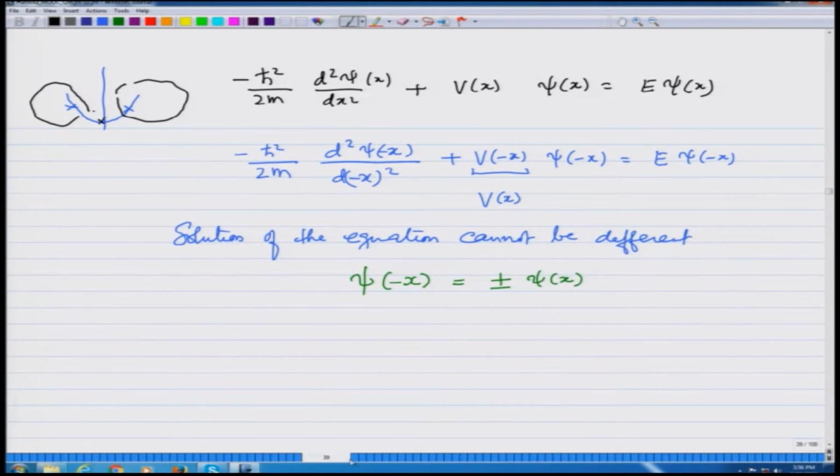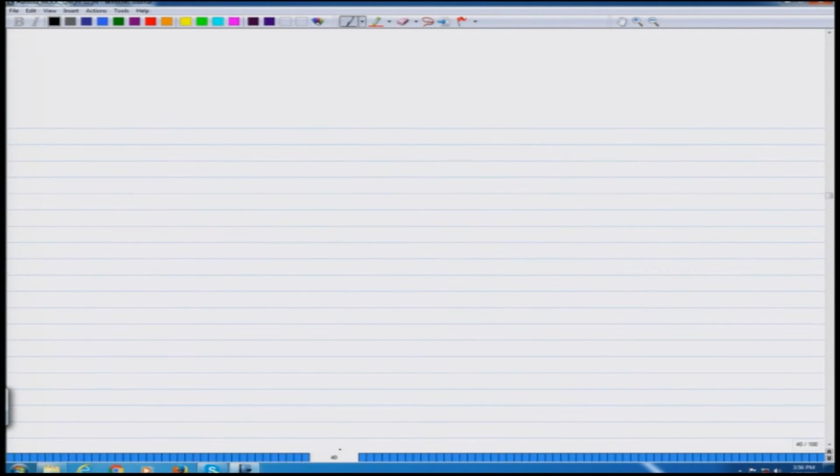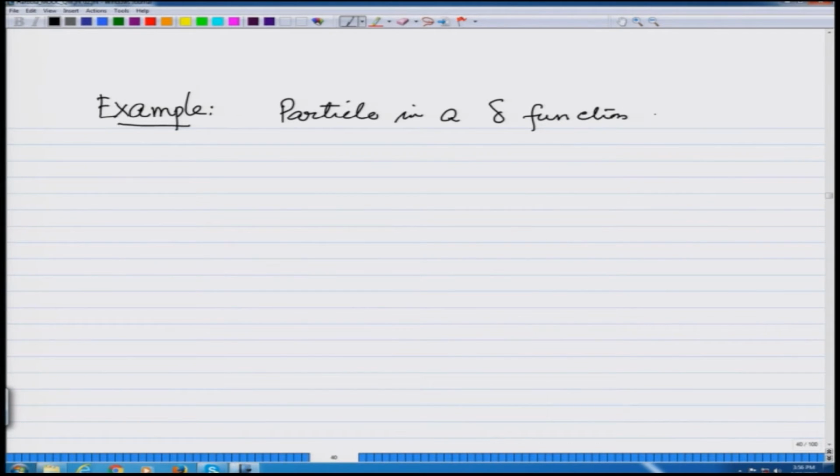So, in solving the Schrodinger equation, let me take the first example of a particle in a delta function potential.